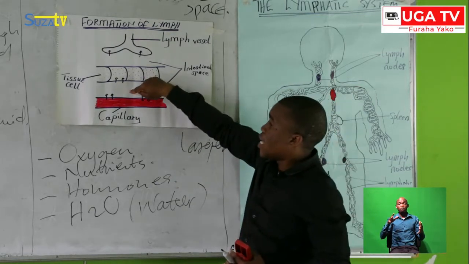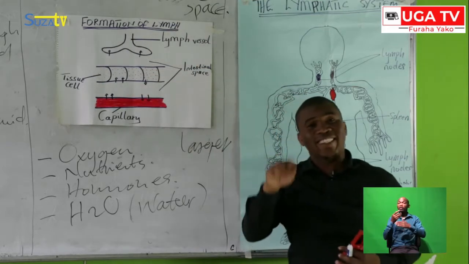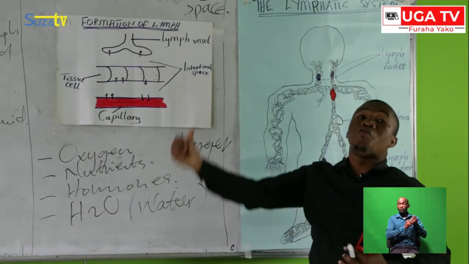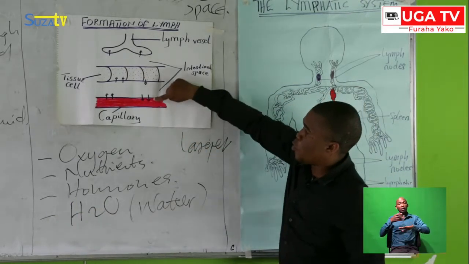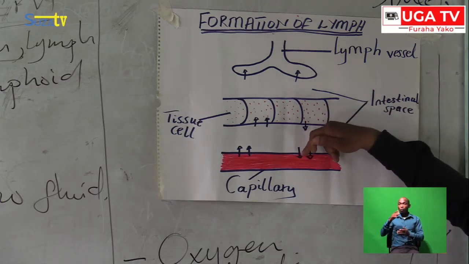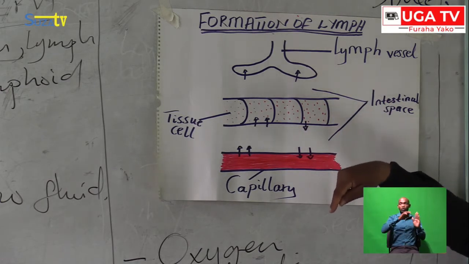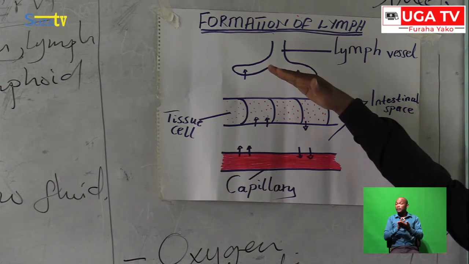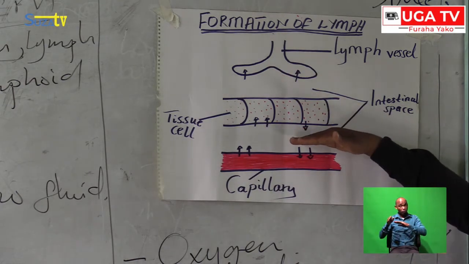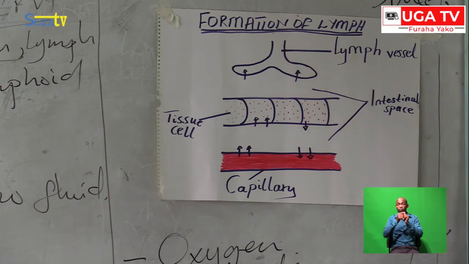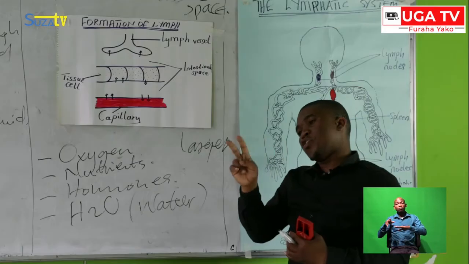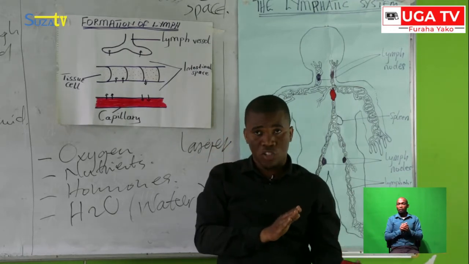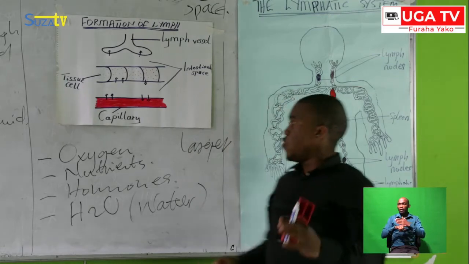So water that already diffused to the interstitial space will be forced to move back to the blood. That's why you see some water with the arrow pointing inside the capillary. This means that as some substances move out of the blood capillary, some substances move back in, because these two regions differ in their concentration gradient, I mean the concentration of solute as well as solvent.